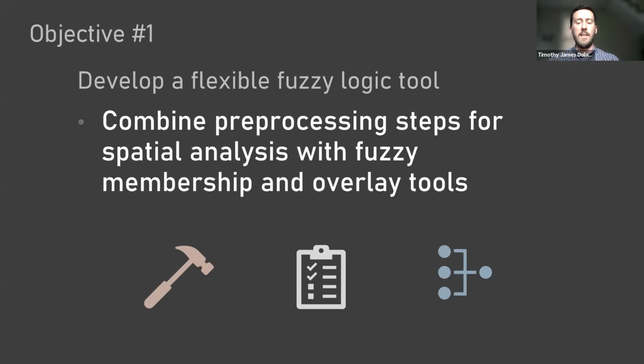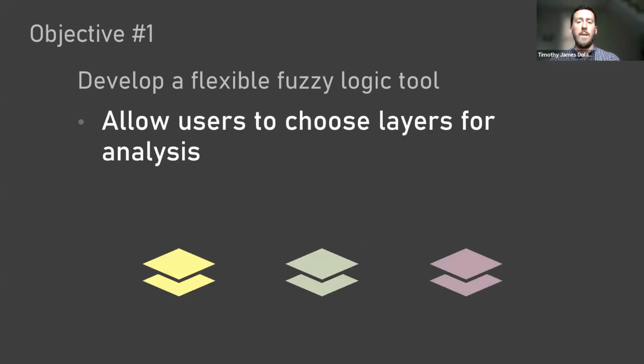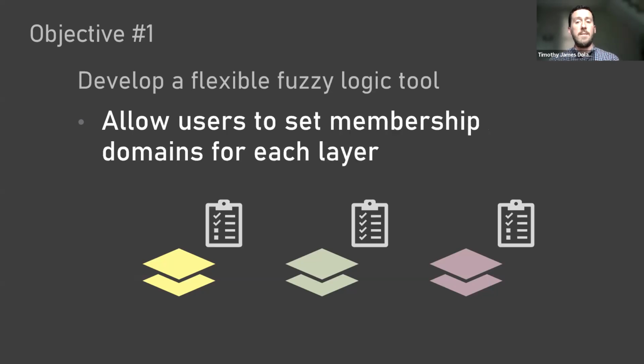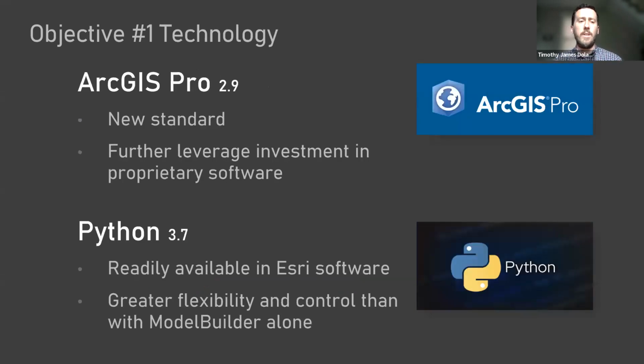Combining these processes allows users to run multiple iterations of the same analysis while reducing instances of human error along the way. This tool allows users to choose their own layers for the analysis, set membership domains and weights for each layer to incorporate the varying preferences of others involved as well. I constructed my tool for use in ArcGIS Pro, the newer standard of the ubiquitous Esri software in our field.